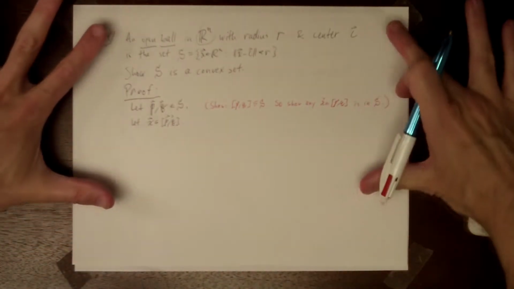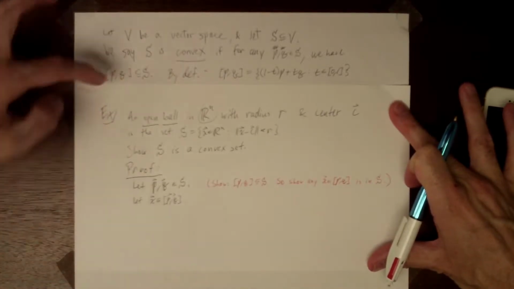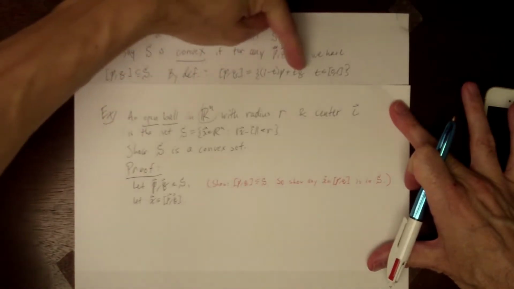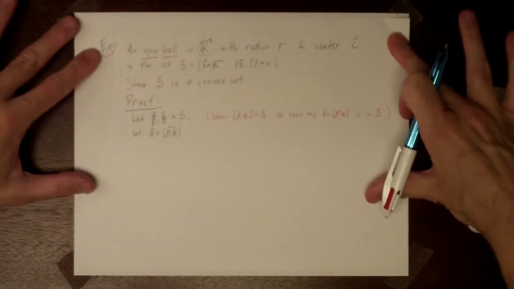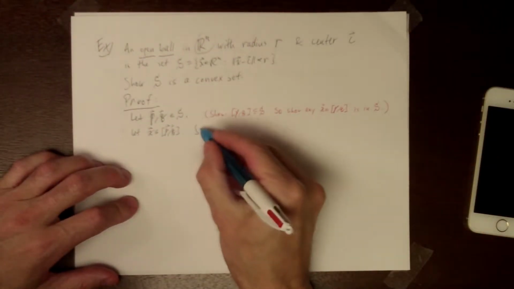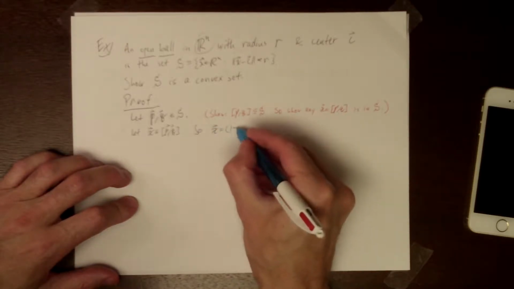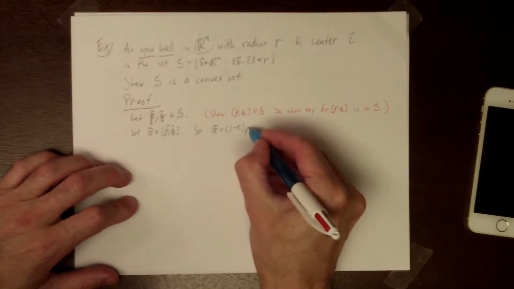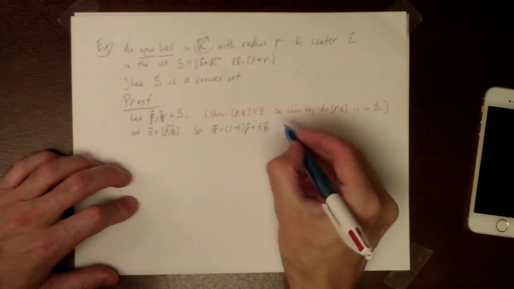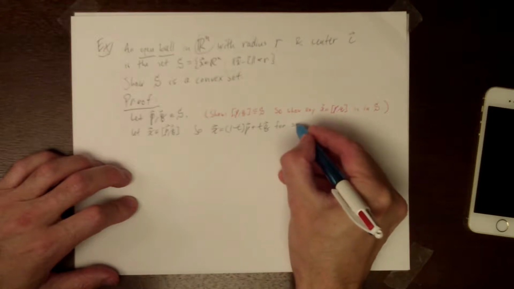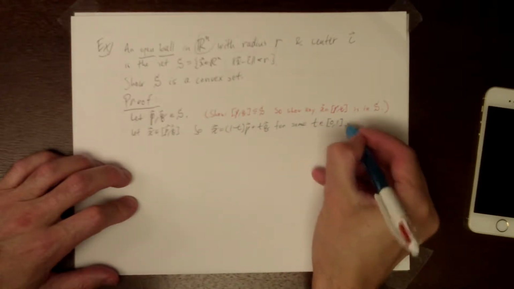Again, if you're in that segment, you're something of this form for some T between 0 and 1. So X is equal to (1 minus T) times P plus T times Q for some T element of [0, 1].